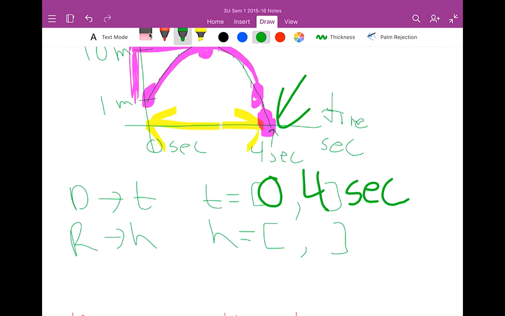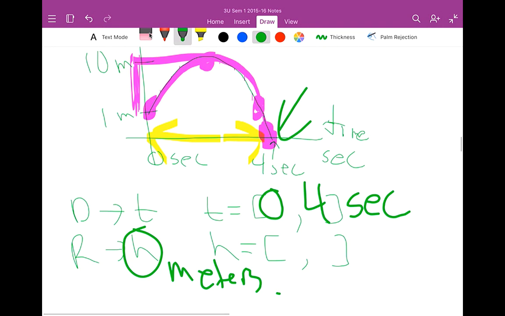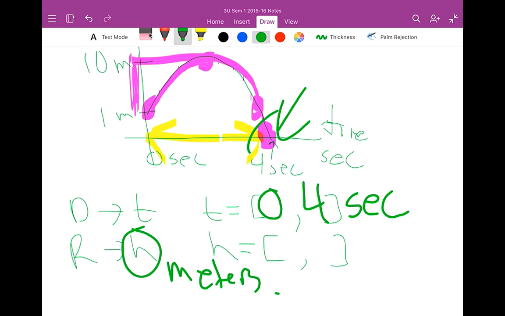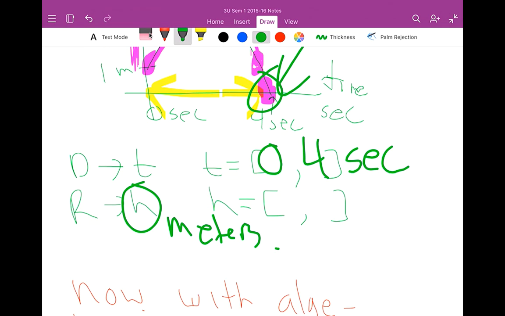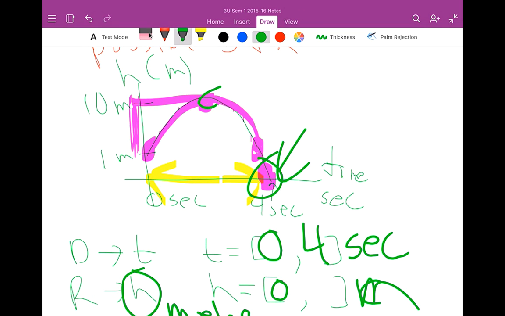Now the range, it represents the height of the ball in meters. So what's the lowest and what's the highest? Well, clearly, in this case, the lowest the ball ever gets is it does hit the ground. So that's meters. So it goes from 0 meters, but the highest it goes is 10 meters.